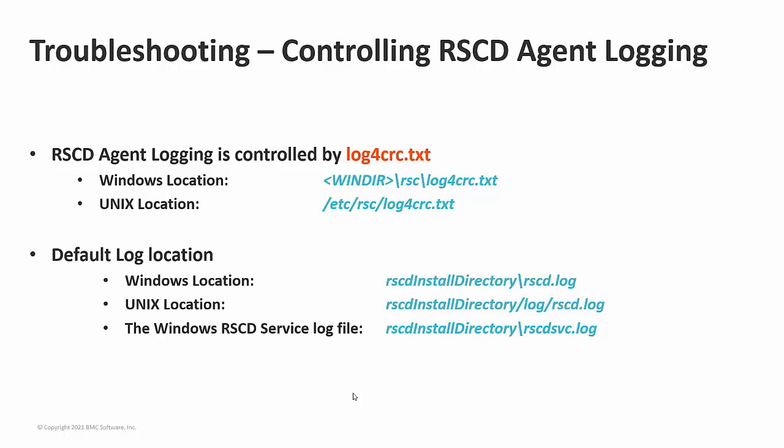Then the RSCD agent will start writing detailed messages in the RSCD log files. The actual RSCD log files get written as rscd.log. It will be found under the default location of the RSCD home directory for Windows and inside the RSCD home directory /logs for Unix or Linux targets.